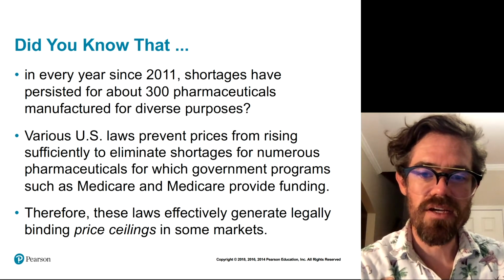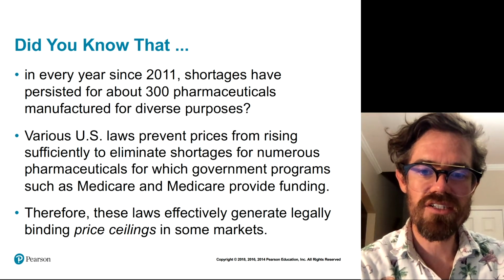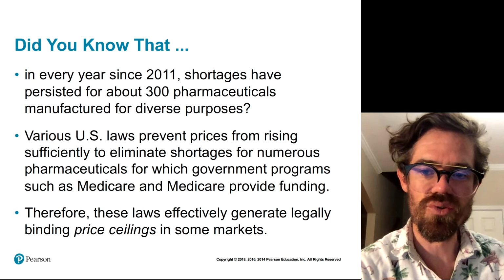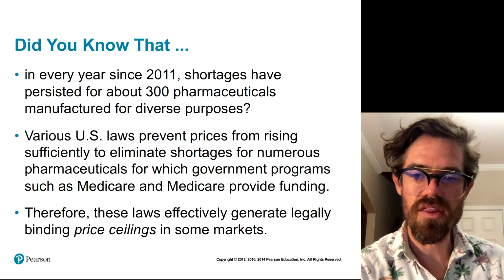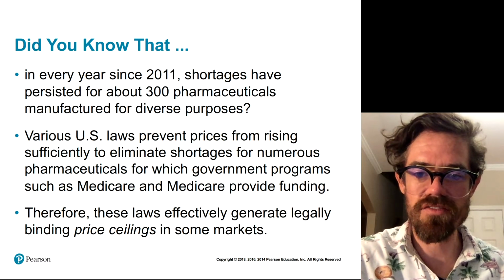Basically, these laws effectively generate legally binding price ceilings that lead to these shortages. So that's going to be one thing we talk about in this chapter. That's a real life example of economics at work.